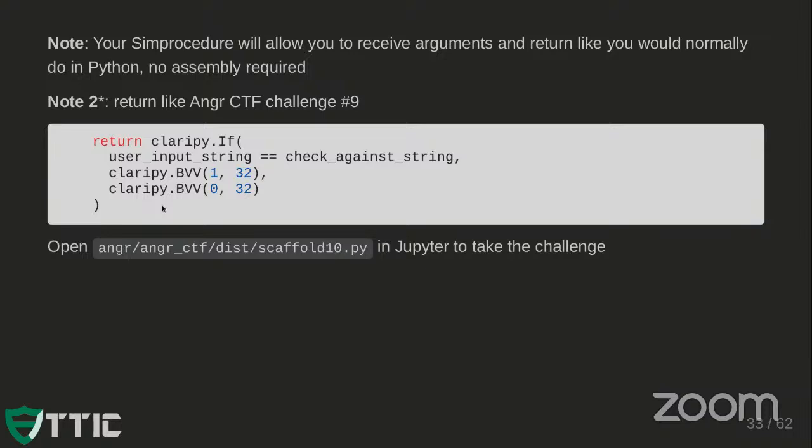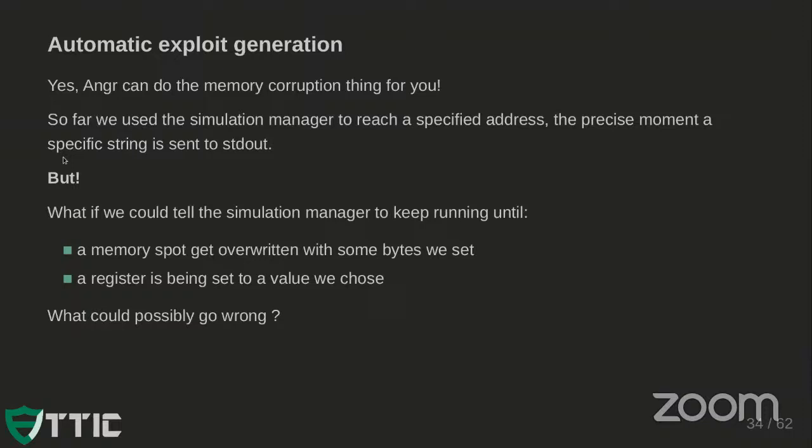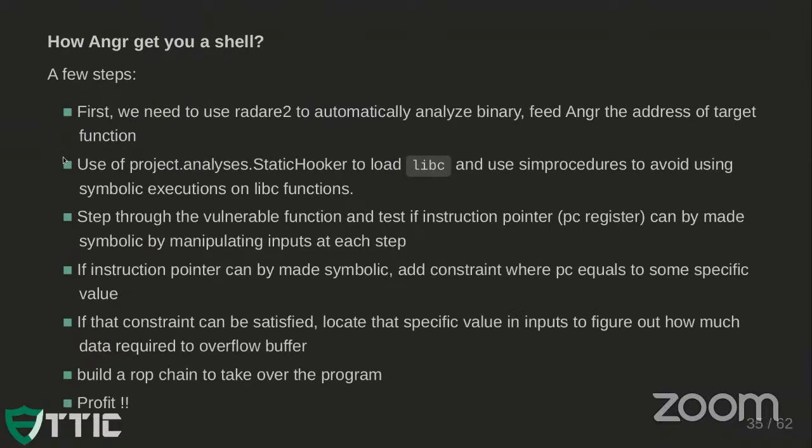You can look at challenge number 9 at the same time and copy this comparison from it to help you solve challenge number 10. Afterward we will go to automatic exploit generation. Let's have like 10 minutes to solve that challenge.